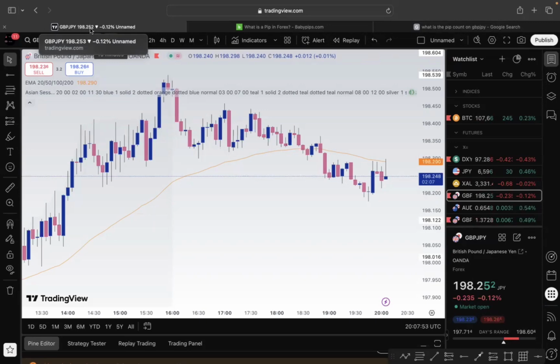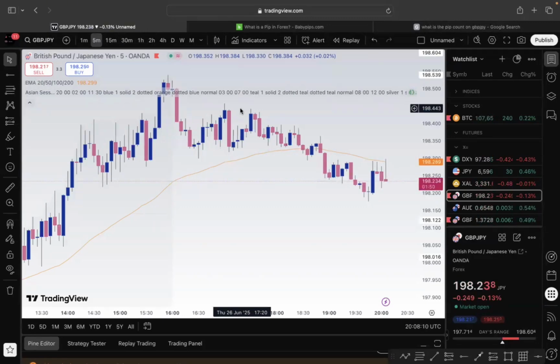Maybe the steps is like 1.7, so instead of 1 pip being 1 whole step, the 0.7, or let's say 0.5, would be like a half step. So the pipettes handle fractional movements.